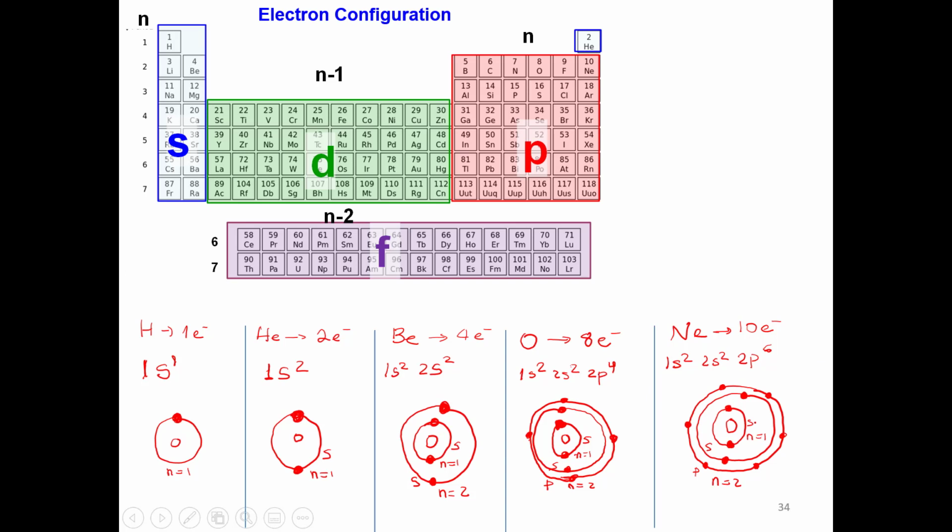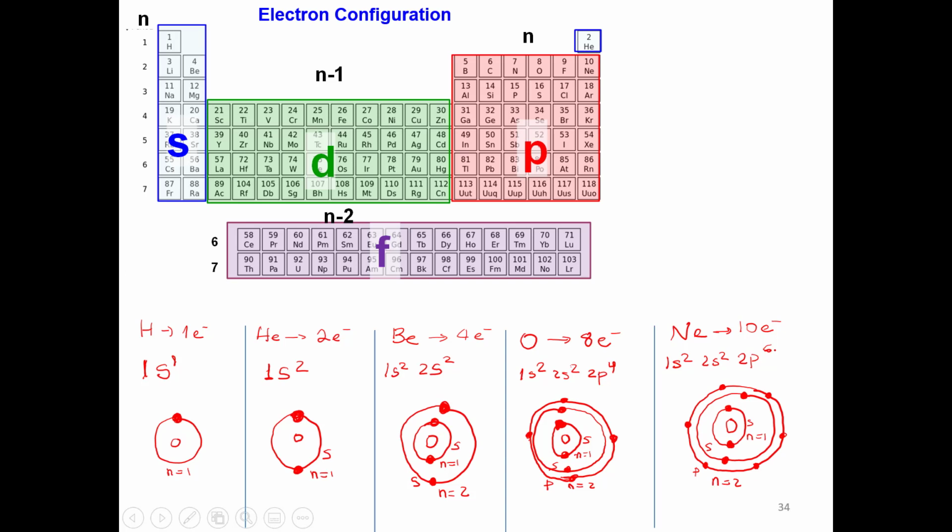Now let's correlate this to the diagram and the electronic configuration using this notation. 1s2, 2 electrons, represents this part. 2s2 is the 2s subshell with 2 electrons. Then this represents this subshell for n equal 2. This is n equal 2, but it's p. Then 2p6, 6 electrons in this subshell.